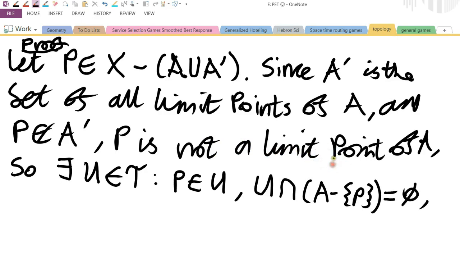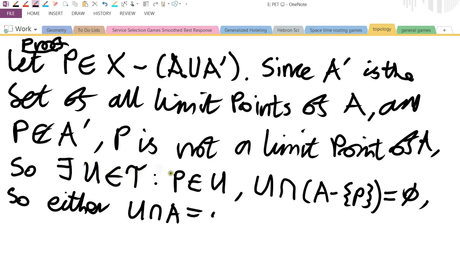A simpler way to say this is that either U intersection A is empty, or U intersection A just consists of the point P.